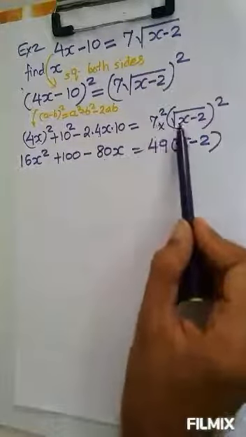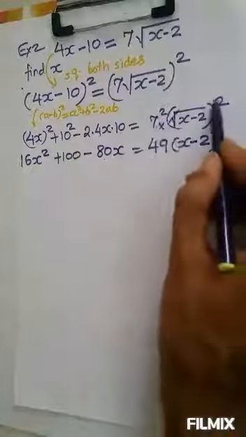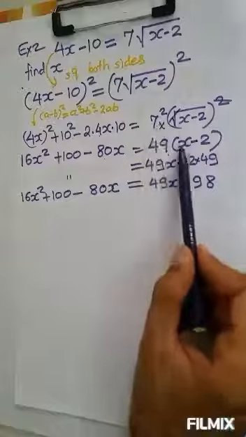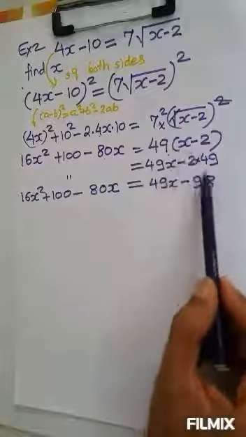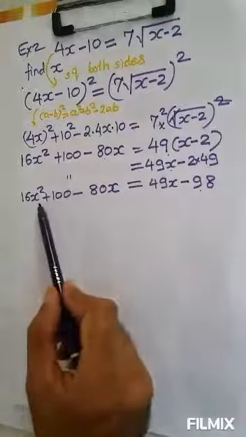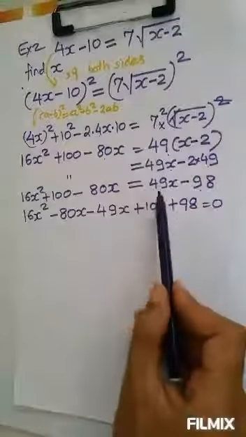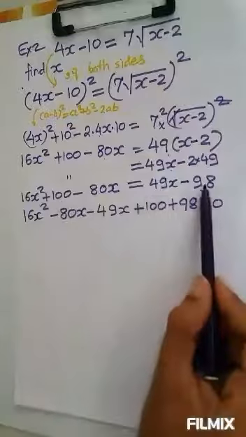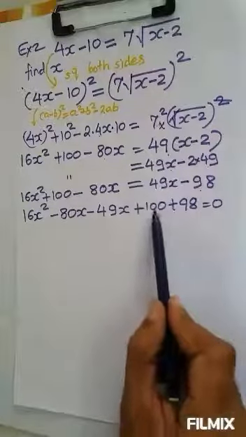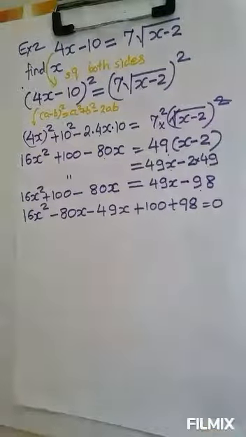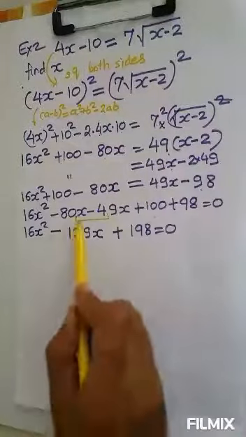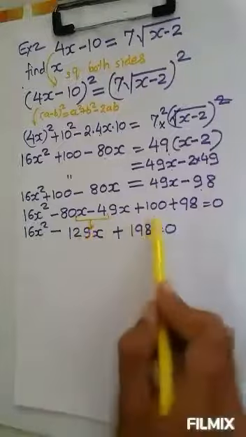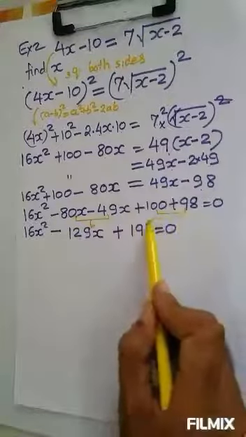On the right, 7 square is 49, and the under root is cancelled, so 49 is multiplied inside, 49 into 2 minus 98. So plus 49 becomes minus 49, and plus 100 minus 98 becomes plus 98. We add these terms: minus 80 minus 49 gives minus 129, and 100 plus 98 gives plus 198.